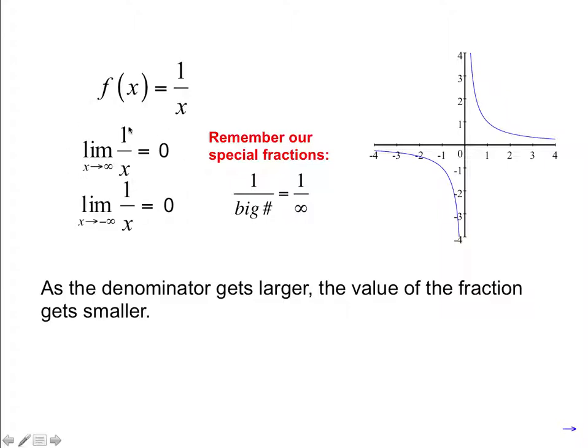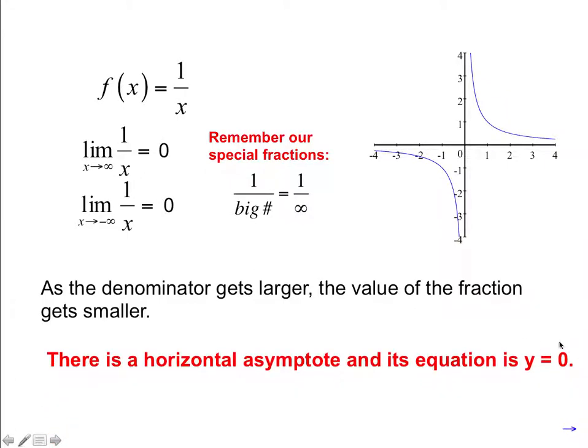This is describing the right-hand side of the function. This is describing the left-hand side of the function. They happen to be going to the same asymptote. That doesn't always happen, but in this case, it is happening. So our asymptote then is at these two y locations. So there's the equation for our asymptote, y equals 0.